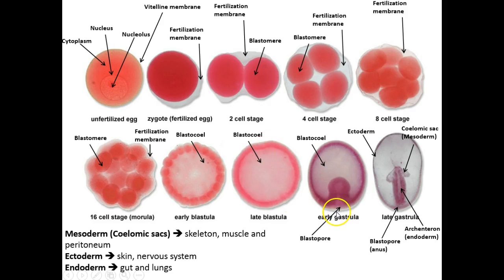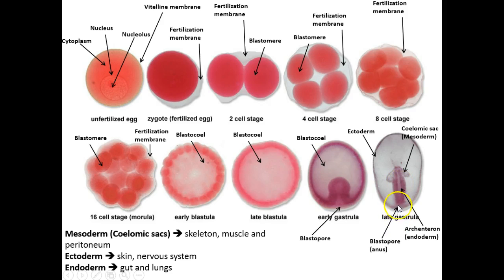And then the early gastrula shows the moving in, creating a blastopore, and that moving in of materials is known as invagination in embryology. And you can see in the late gastrula, you have that space which is forming the endoderm, and we call this space an archenteron.